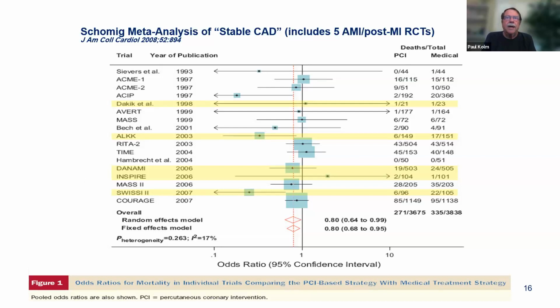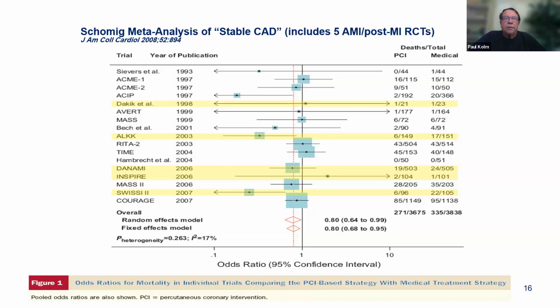The horizontal lines are the confidence intervals, typically a 95% confidence interval. And then usually, when you're looking at odds ratios, you draw a vertical line at 1, which indicates no difference. And so you can see that some of these studies are quite small.